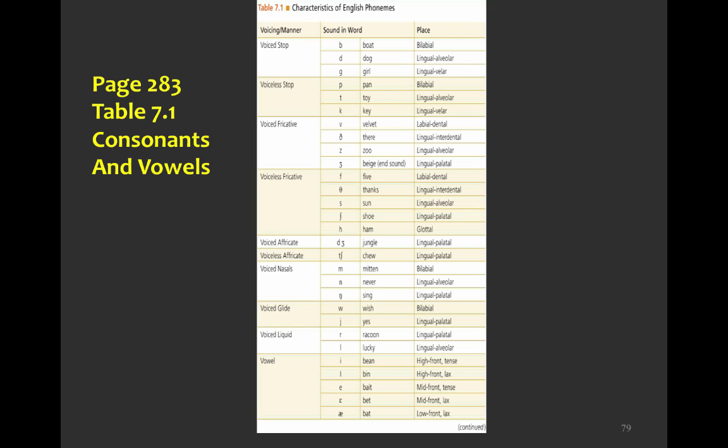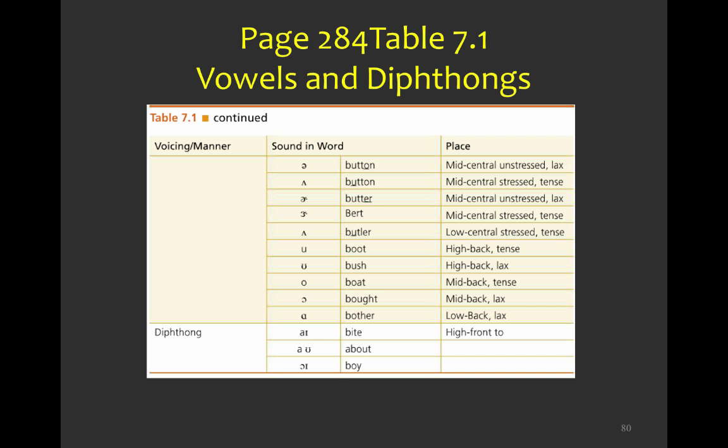A diphthong is the combination of 2 vowels produced together quickly, as in the diphthong oi for the word toy or boy. So here this table presents actually the phonetic symbols for all of the English phonemes. Don't worry about these symbols for this class. You'll learn all about them when you take phonetics.